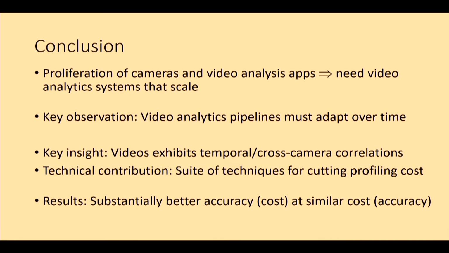The key insight we had was that video feeds exhibit both temporal and cross-camera correlations that can be exploited. This led directly to our technical contributions, which are essentially techniques for cutting down the cost of reprofiling your video analytics pipeline periodically. And when you do all this, you can get substantially better accuracy at a similar cost, or vice versa, or in some cases improve both dimensions. Okay, thanks.